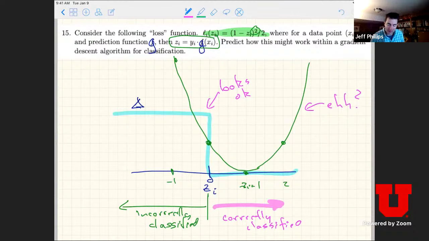But on the other hand, it's differentiable. So I can take a gradient, and the gradient is good, so I can use it within gradient descent. Okay, it's convex. I can take any 2 points and draw the line that stays above, so this is going to be a convex function.